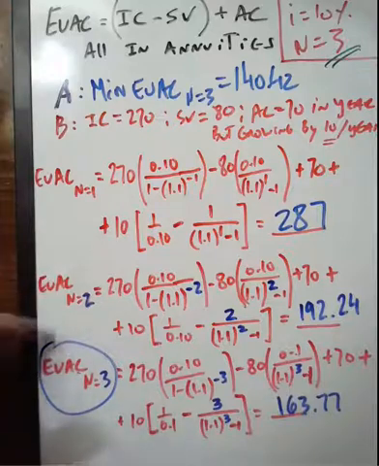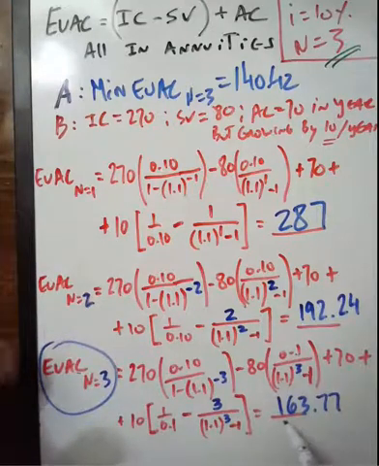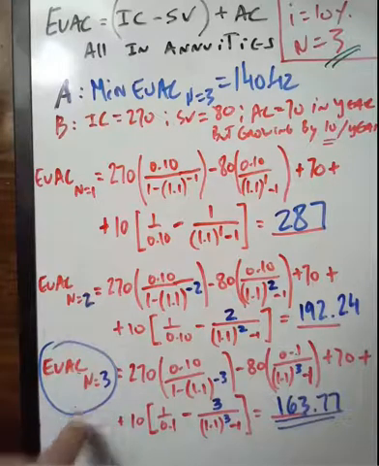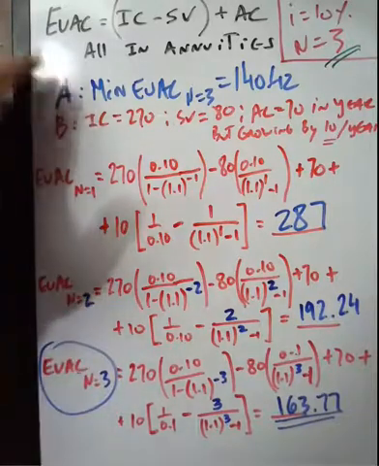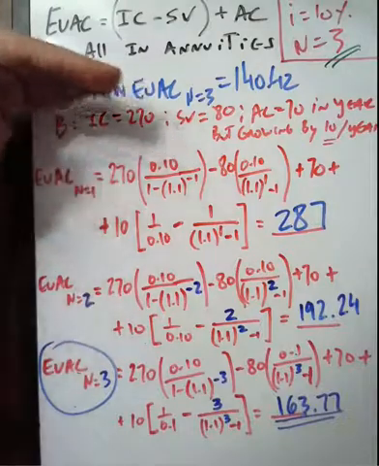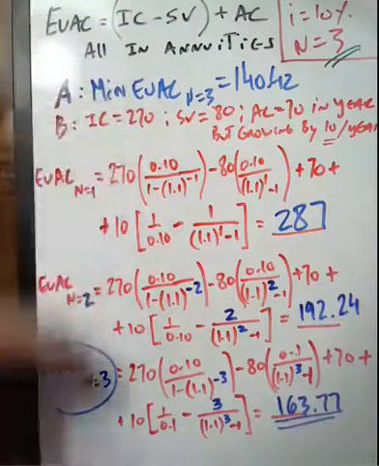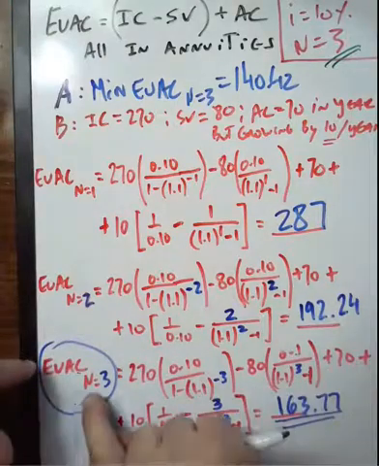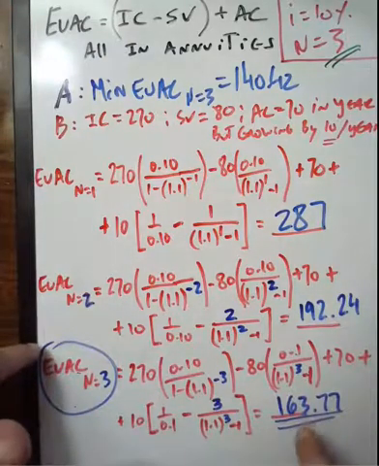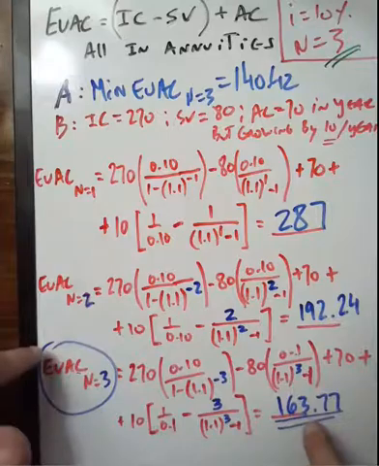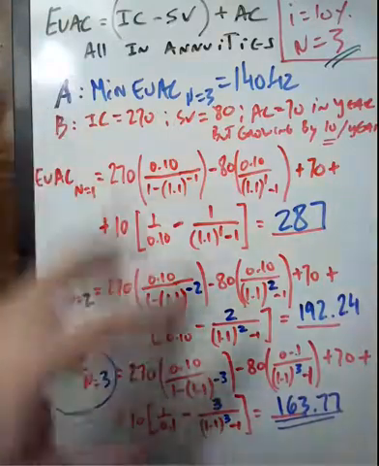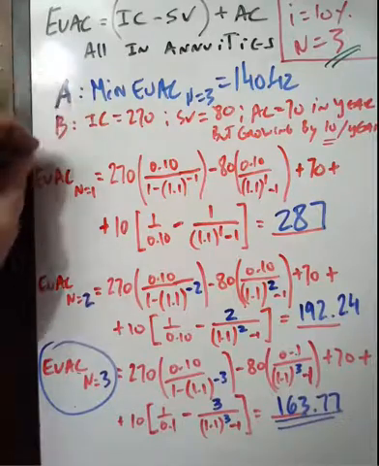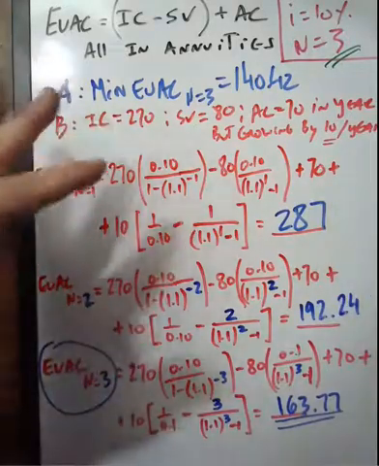For this machine B, the equivalent uniform annual cost is minimized at year 3, meaning that if we are not comparing it with machine A, if there was just machine B, we would say, okay, keep machine B for 3 years, and by doing so your annual cost is going to be about $164. However, in this more complex exercise, we have 2 machines to choose from, one or the other.